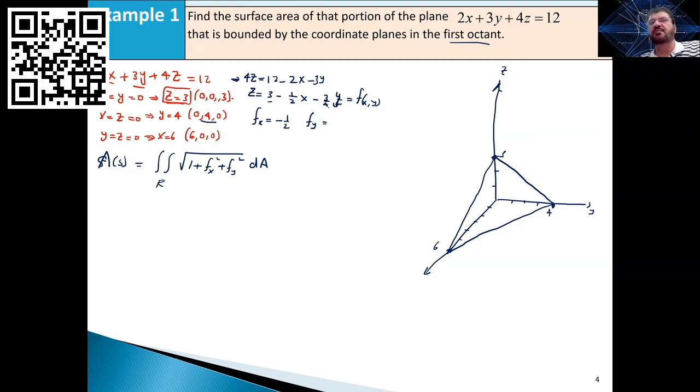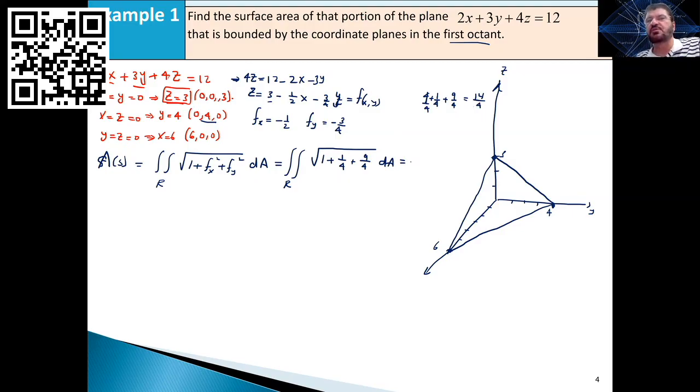Now, what's the derivative with respect to y? It's negative 3/4. So what is this equal to? Double integral of the square root of 1 plus fx squared, which is 1/4, plus this one squared, which is 9/4, dA over R. Now, 1 plus 1/4 plus 9/4: this is 4 out of 4, so this is 14 out of 4.